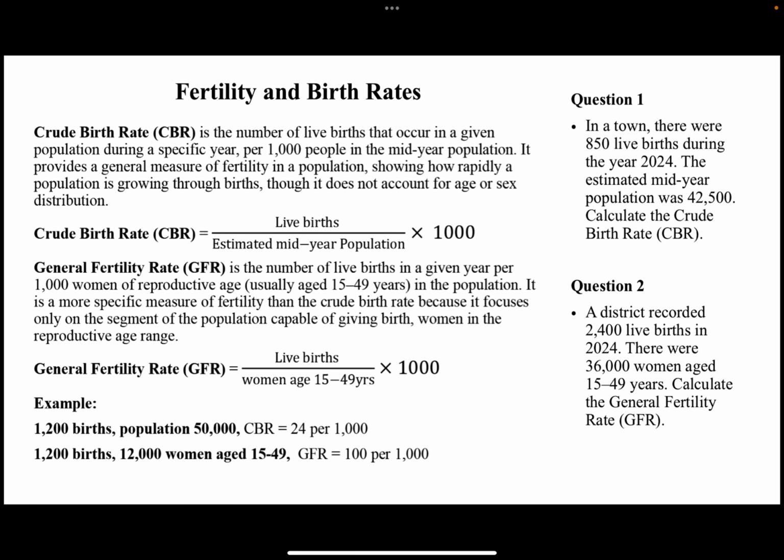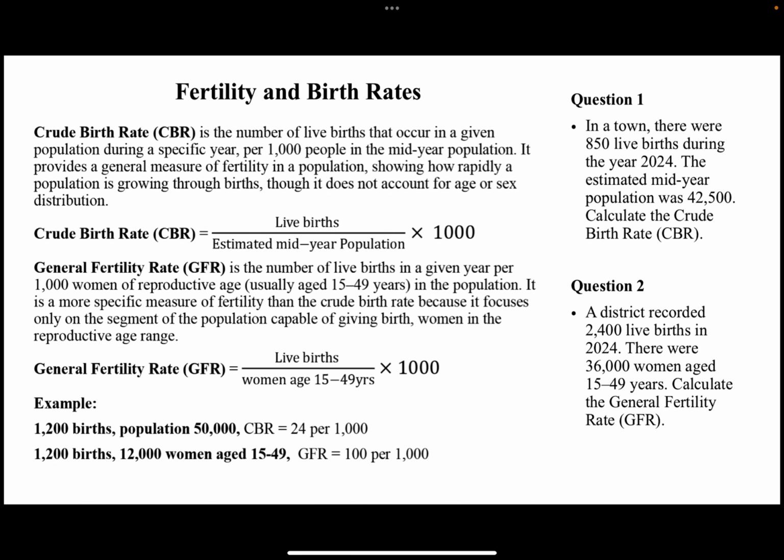Now, let's do our last rates, which are the fertility and then the birth rates. With the fertility, we will start with crude birth rate. Crude birth rate is basically the number of live births that occur in a given population during a specified year or period per 1,000 people in the mid-year population.